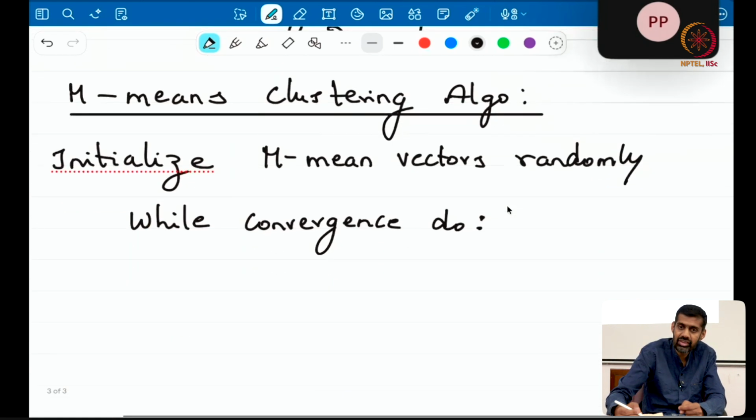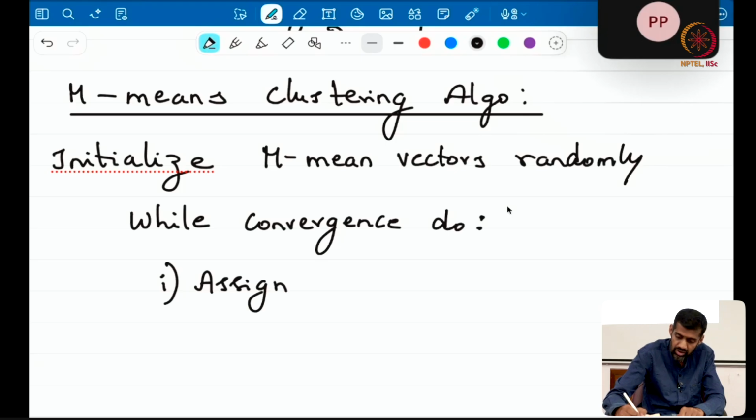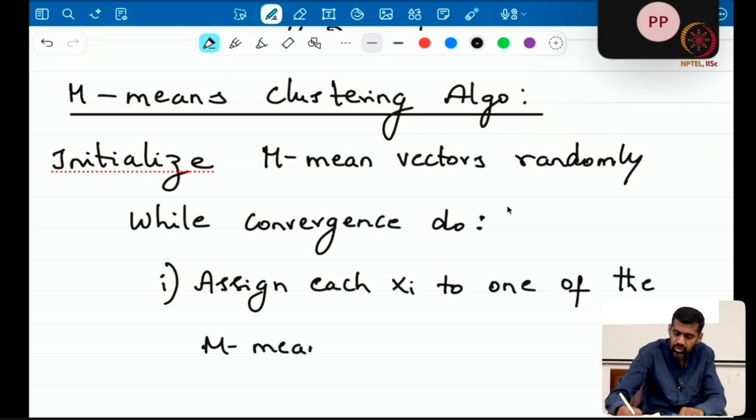Okay. While convergence do, what do we do? First, assign every xi, each xi to one of the M means via solving this.